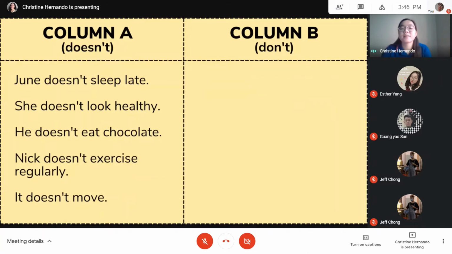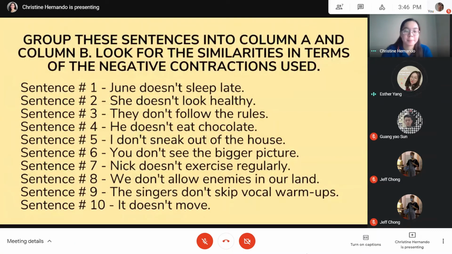Which sentences belong to column B? Yes, Esther? Yes, ma'am. Sentence 3, sentence 5, sentence 6, sentence 8, and sentence 9 belong to the other column.